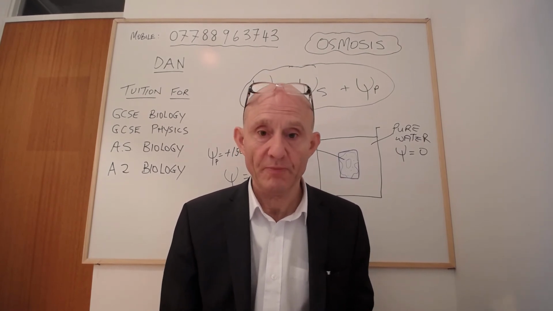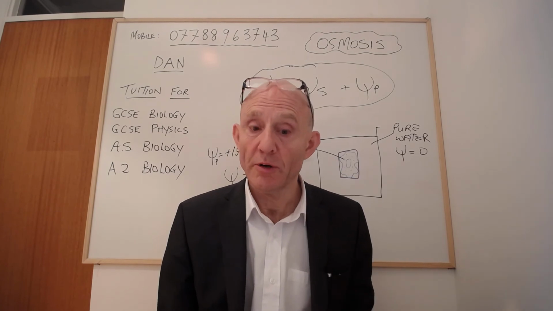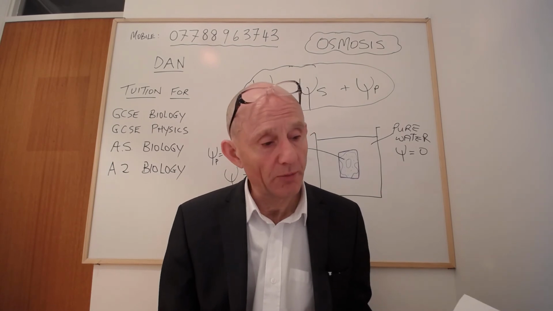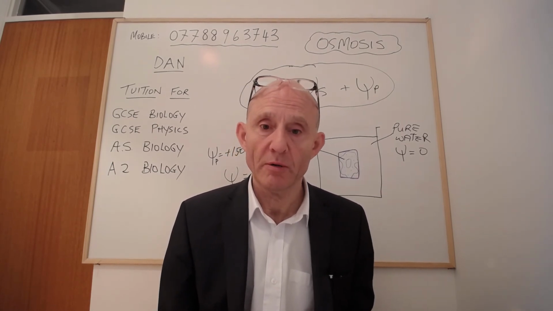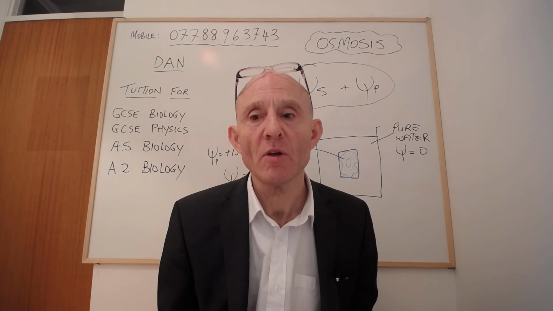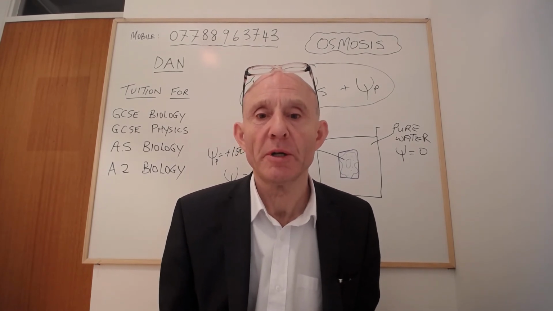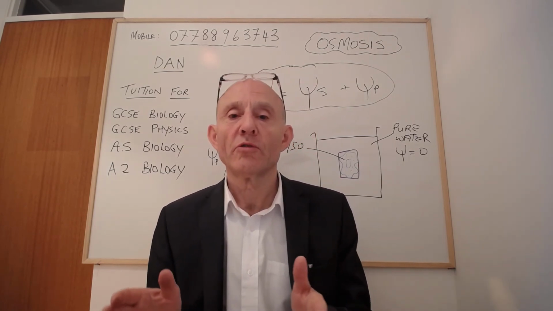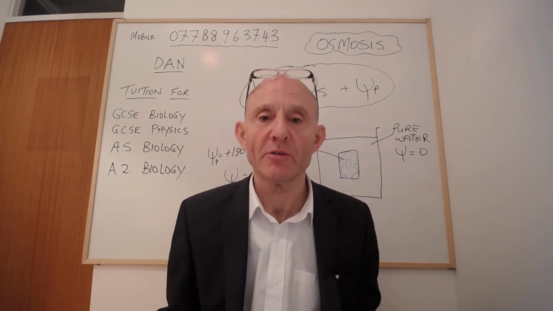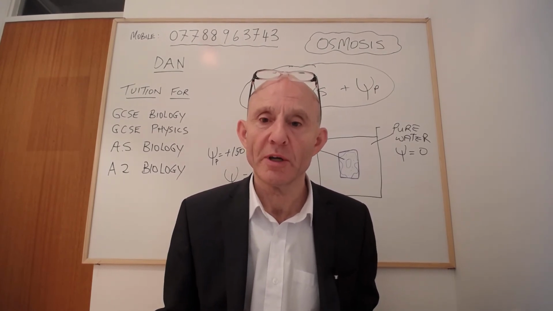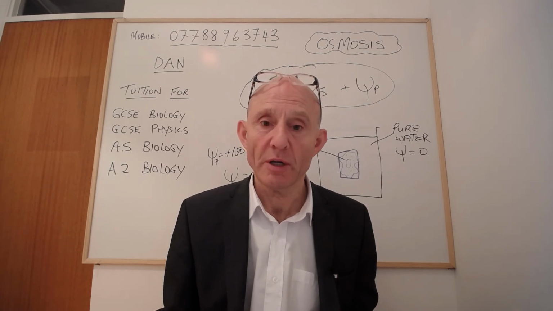What remains is possibly to look at a couple of experiments, and there are two experiments in the specification. One of them is about measuring the water potential of plant cells, and that's essentially, if you go back to GCSE, you remember you cut pieces of potato and put them into a range of different solutions, and you're looking to see which solution the potato pieces neither got bigger nor smaller, neither increased in size or mass nor decreased.